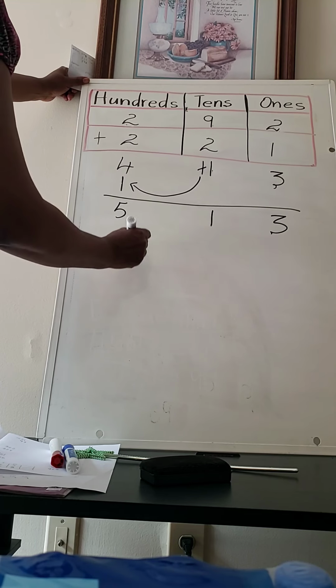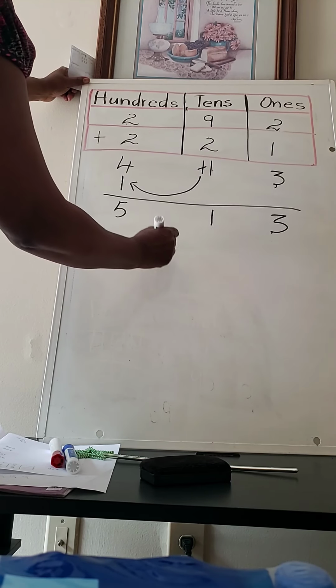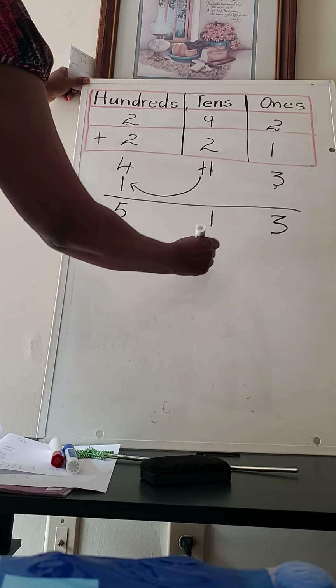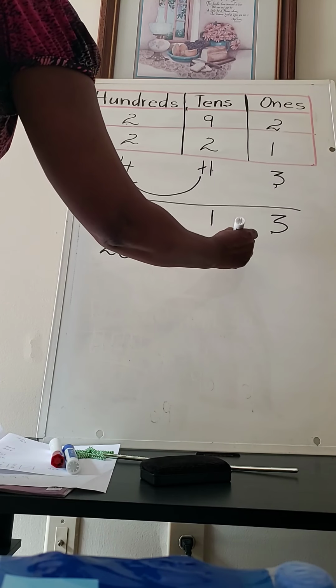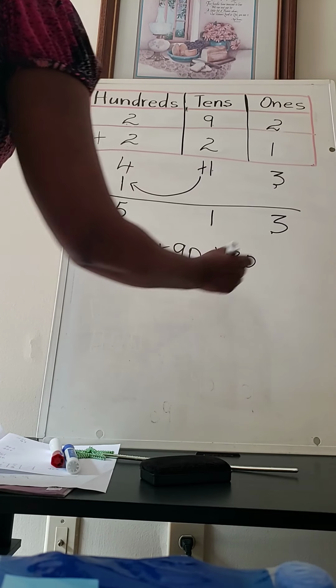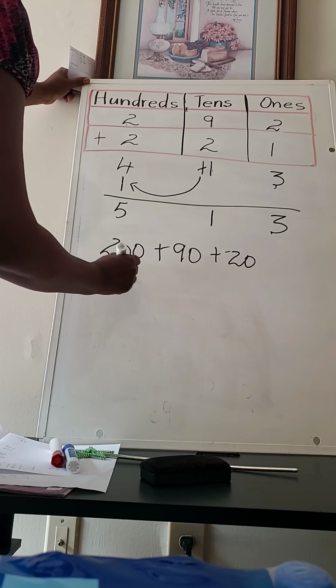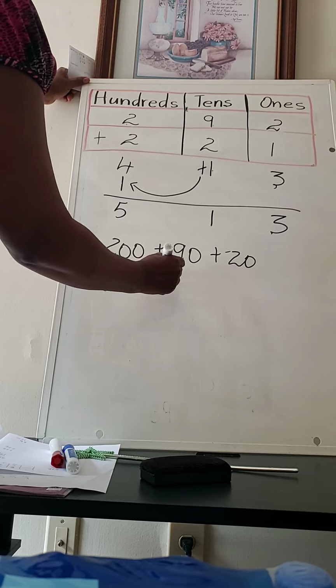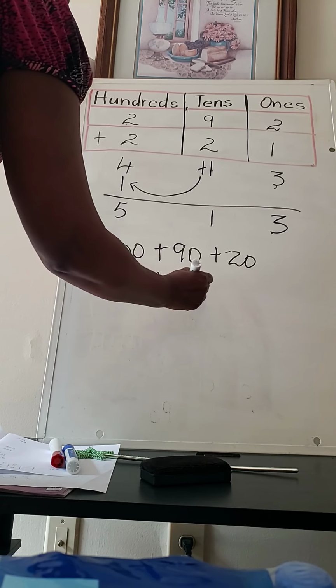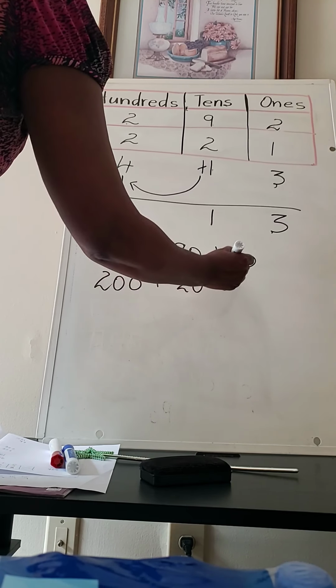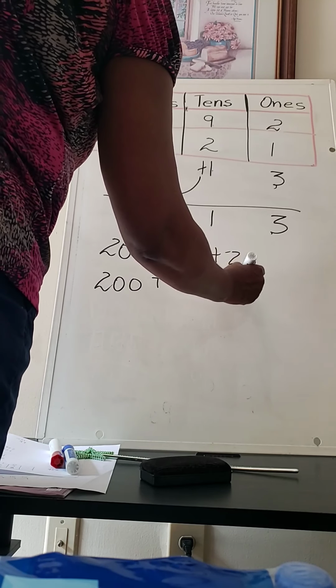So we have 200 plus 90 plus 2. And we're adding to that 200 plus 20 plus 1.